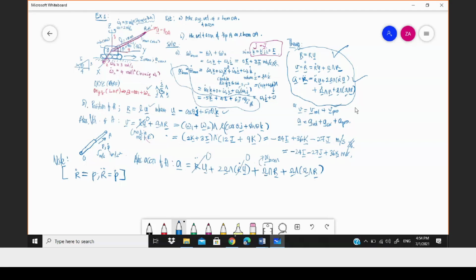By the way, what is this? That is the result of that. Omega cross R is already obtained up here from this equation, which we already performed. We have negative 24i minus 27j plus 36k.